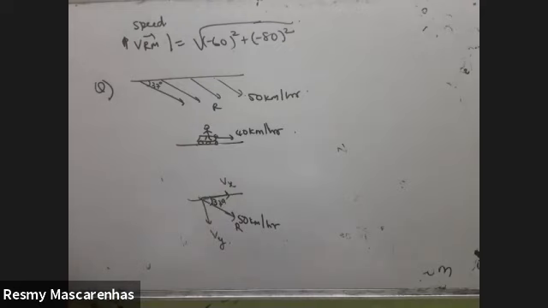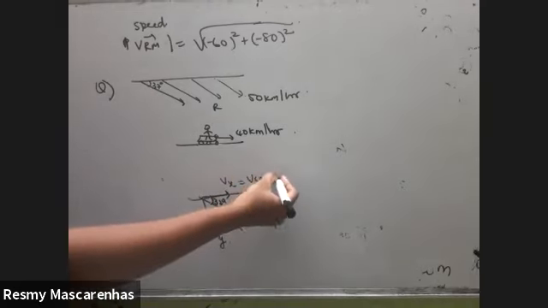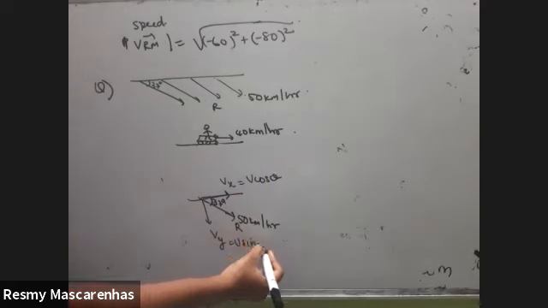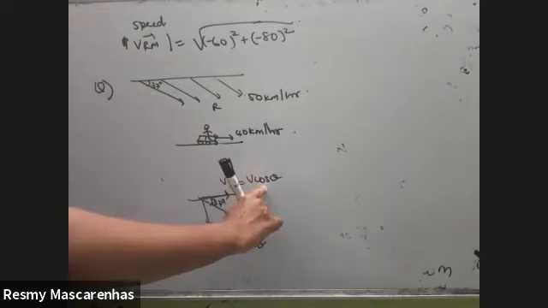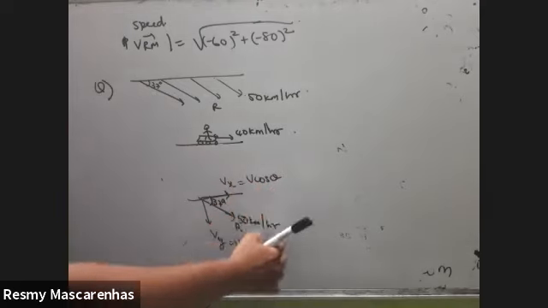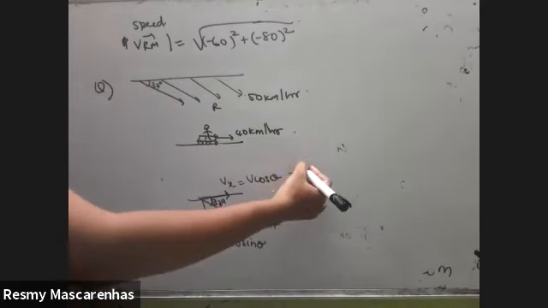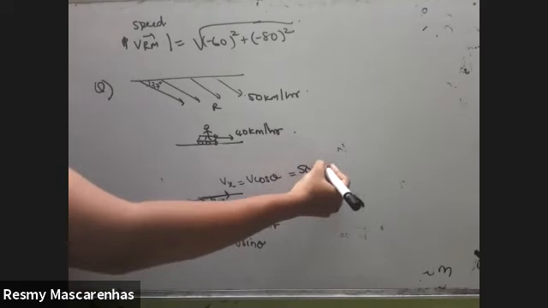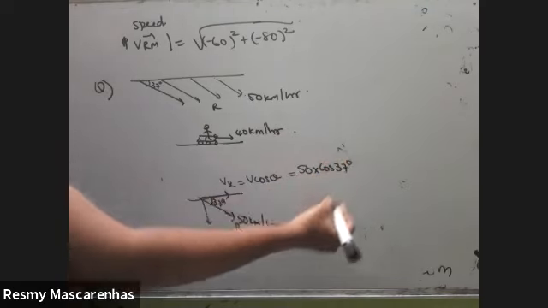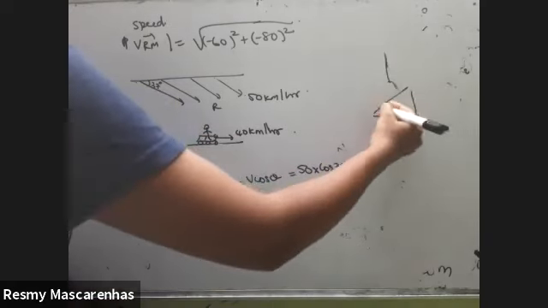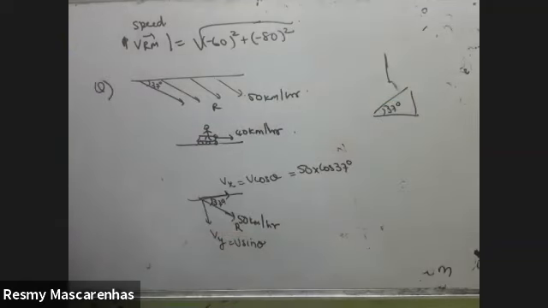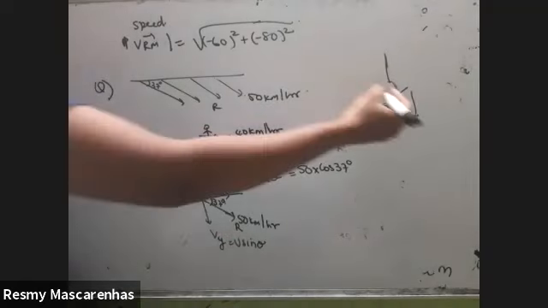To calculate the components now, how much will it be? Velocity of rain we have to calculate as 50 into cos 37. Use the triangle method and find cos 37 quickly.